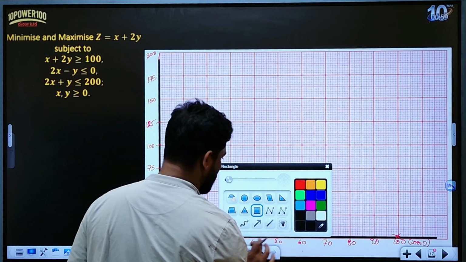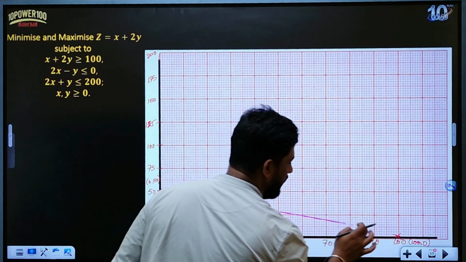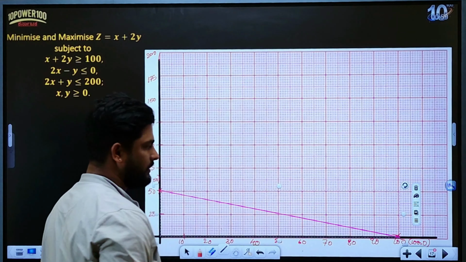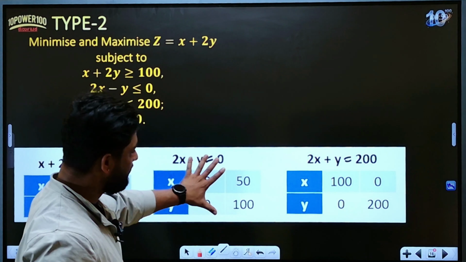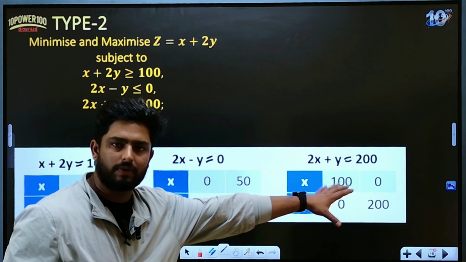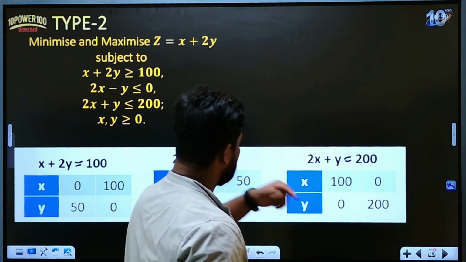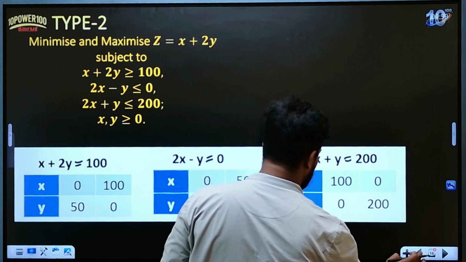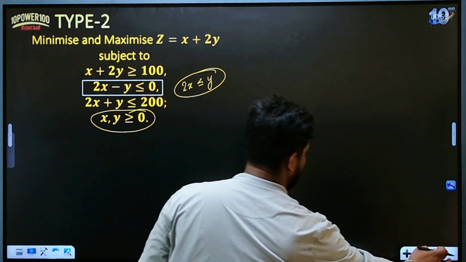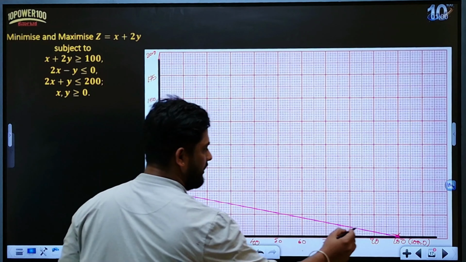Let's mark this point with pink color. So we got the first one. Now the second one is what? This is the line which touches both x and y axis. When y is 0, x is 100. Same point, no?